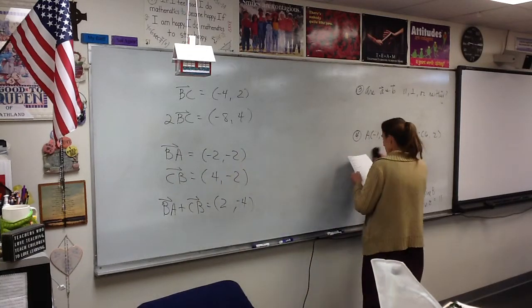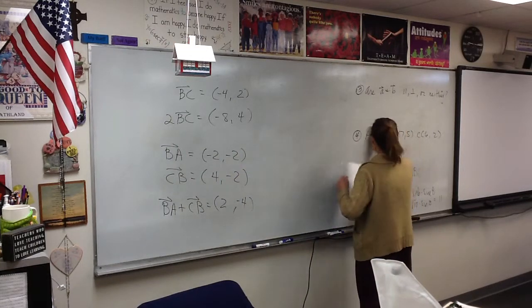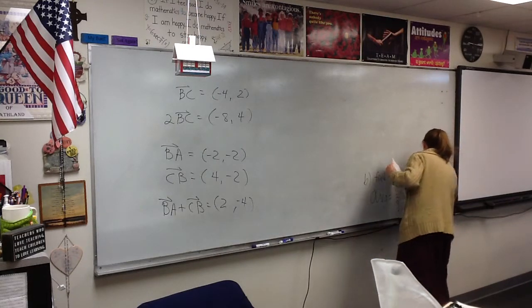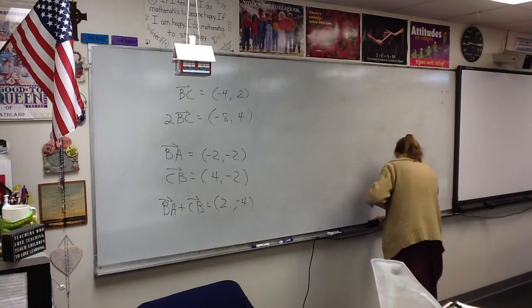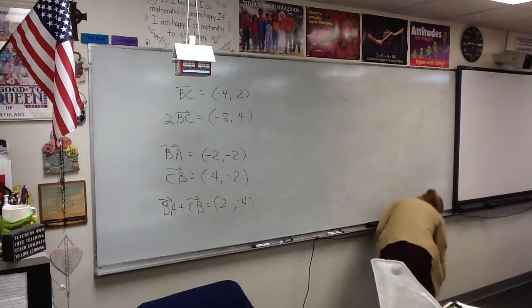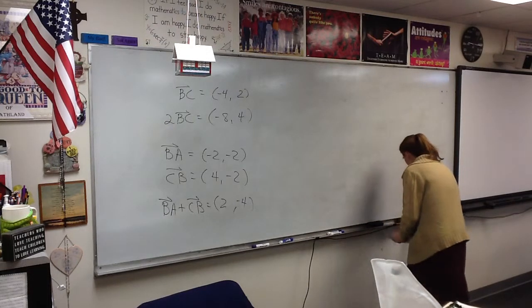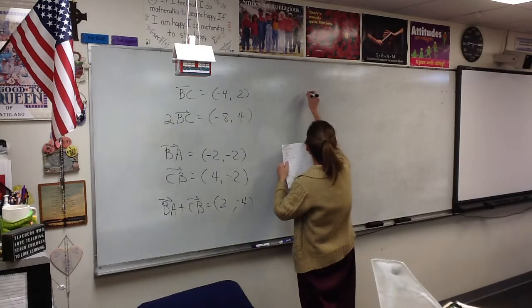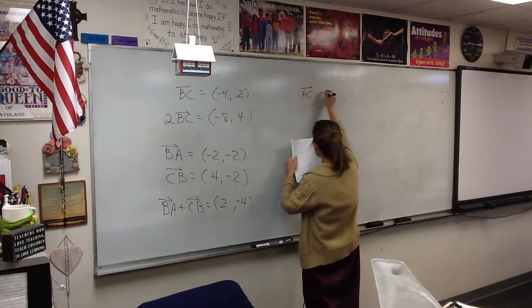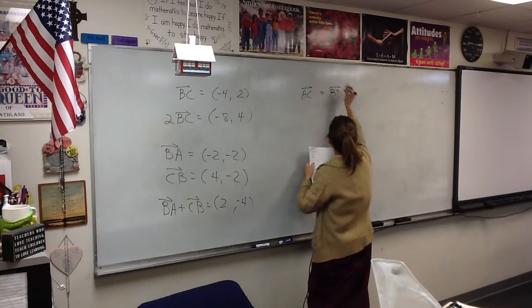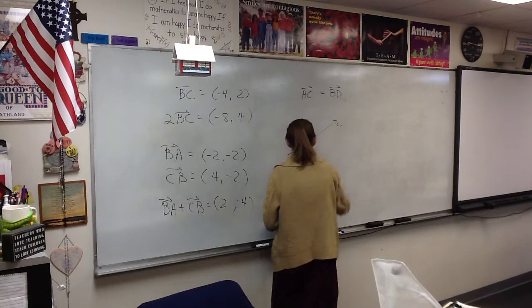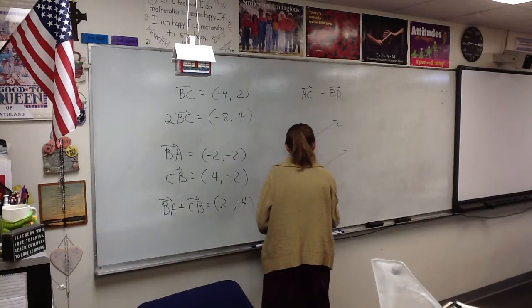Okay, let's look at part 4, number 4. Okay, so number 4 says I need AC to equal BD. So here's AC and here's BD.